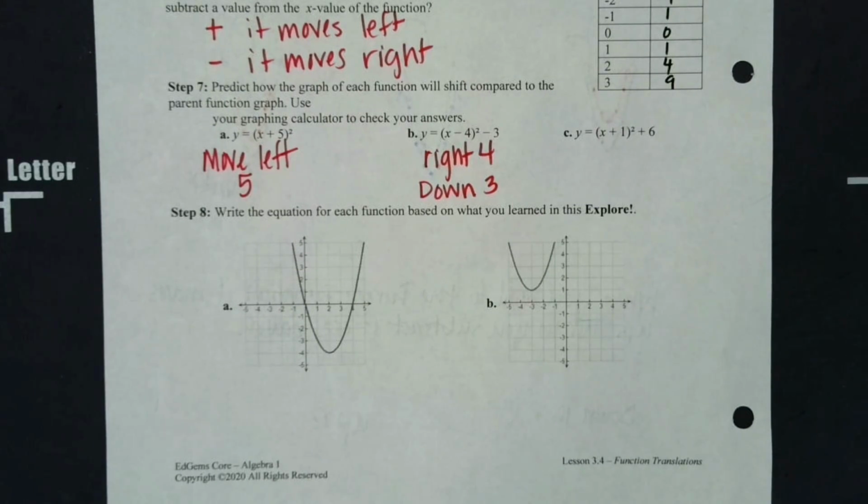So I want you to try this one. Write it down. See what's happening. Look at what's on the inside of the parenthesis. Then look what's on the outside of the parenthesis. Move left 1.